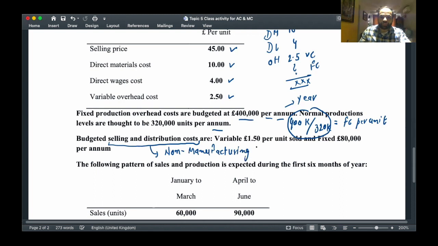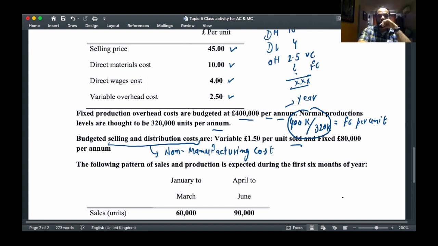So your non-manufacturing cost, which is variable, is £1.50 per unit sold. So remember, sold. Obviously, marketing or advertising cost depends upon your sales units. It does not depend upon your production units. Then you have a fixed 80,000 per year. So this is your fixed non-manufacturing cost, which is 80,000 per year.